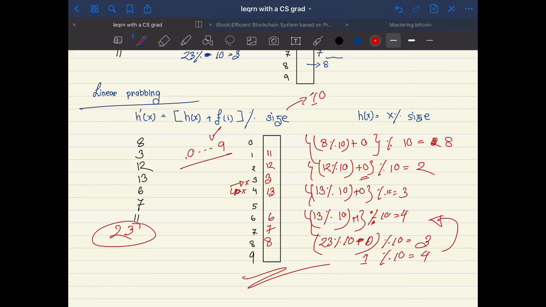So we go one more, which gives us 5, and 5 is not occupied, so we're going to put 23 at position 5. So this is linear probing.